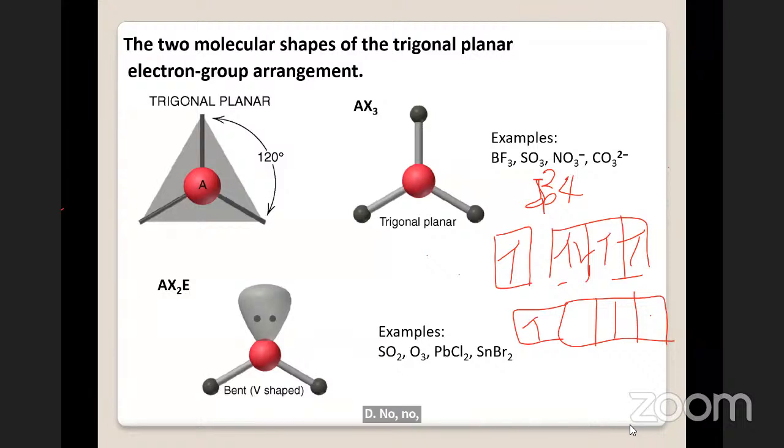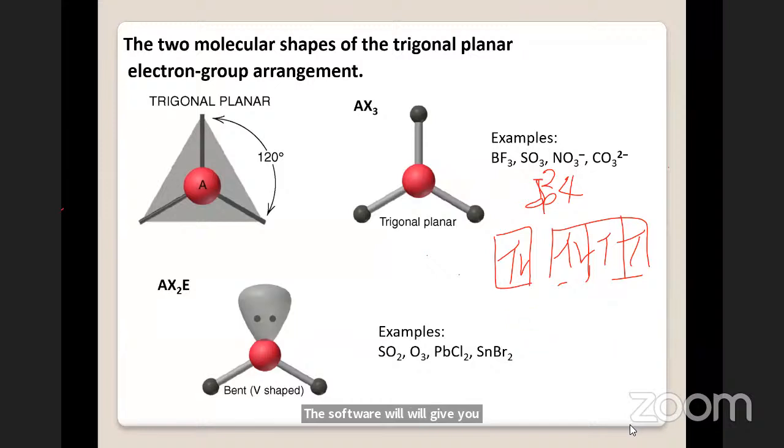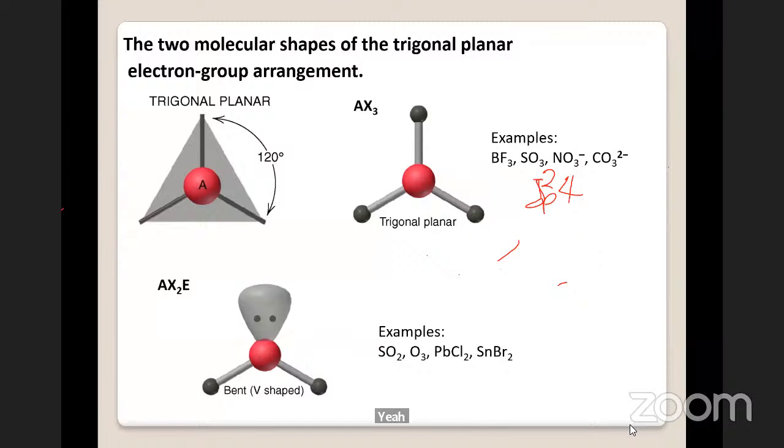No, it shouldn't be an sp3d. The sulfur will not promote to that because you have three electrons. So you must have, I think I will need to look at that again and re-explain.